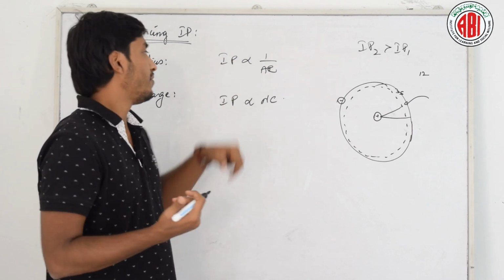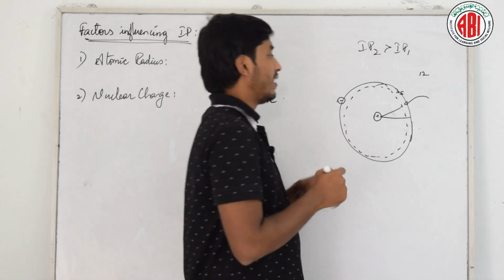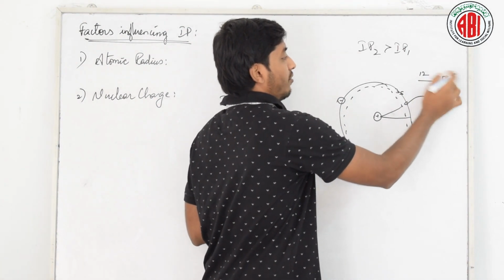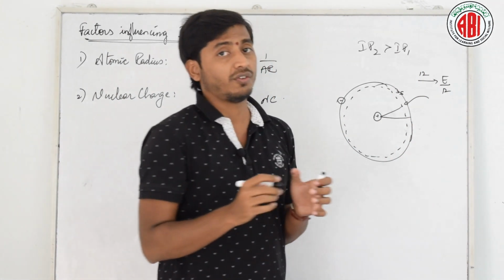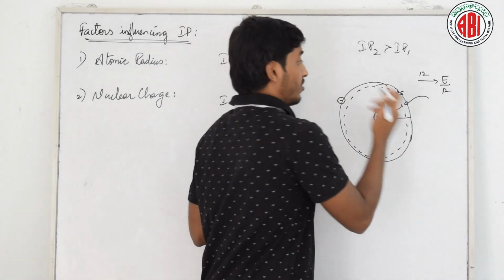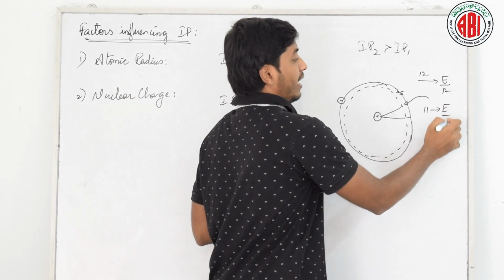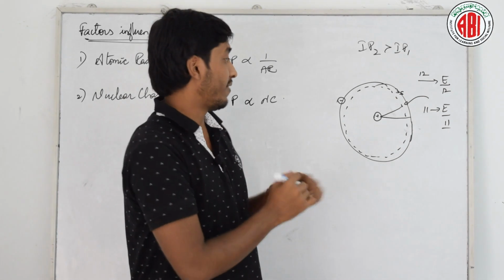Is it right? Fine. When it comes to nuclear charge, if there are 12 electrons, the effective nuclear charge is distributed among the 12 electrons in a uniform way. If one electron is removed, the same effective nuclear charge is shared as E by 11. This is just a simple example, not specific to this atom.